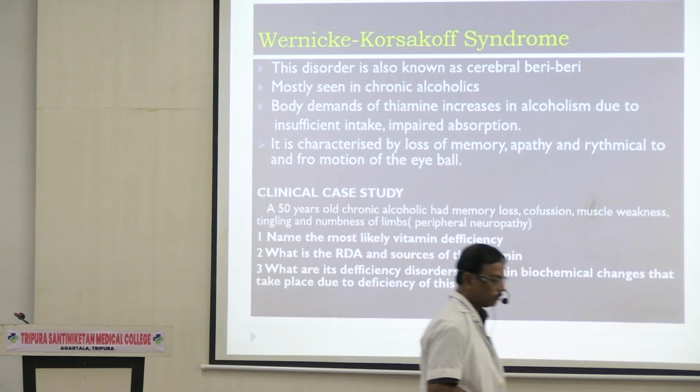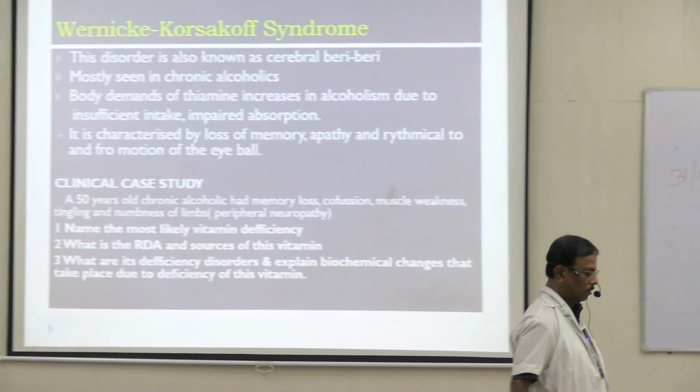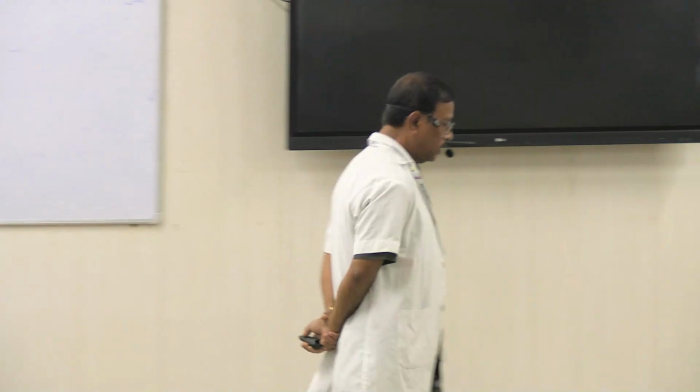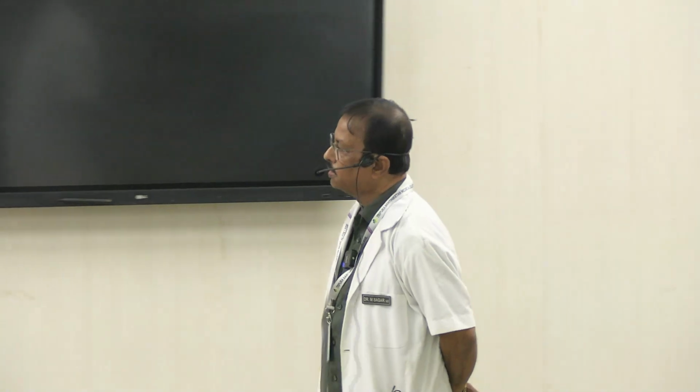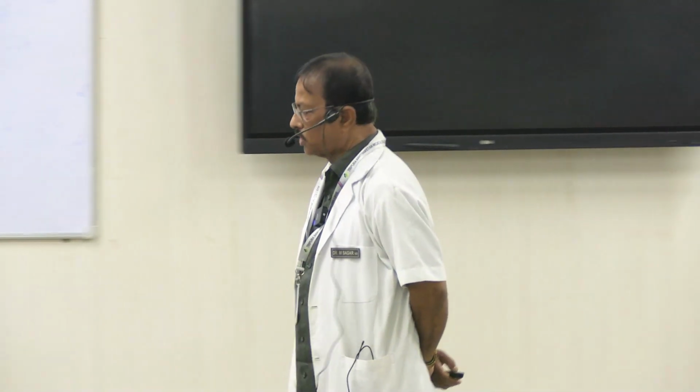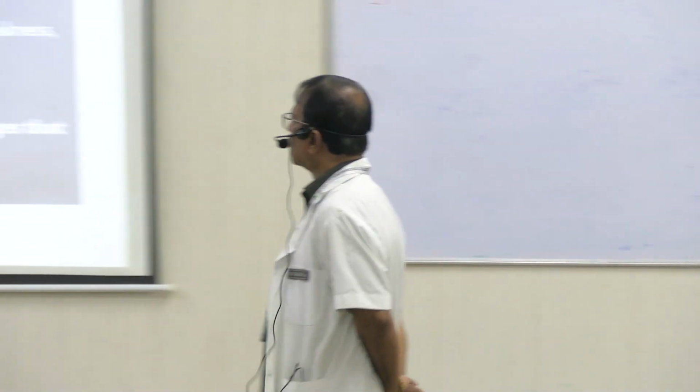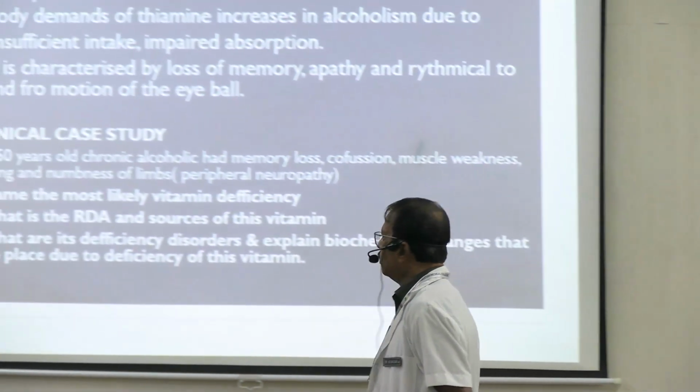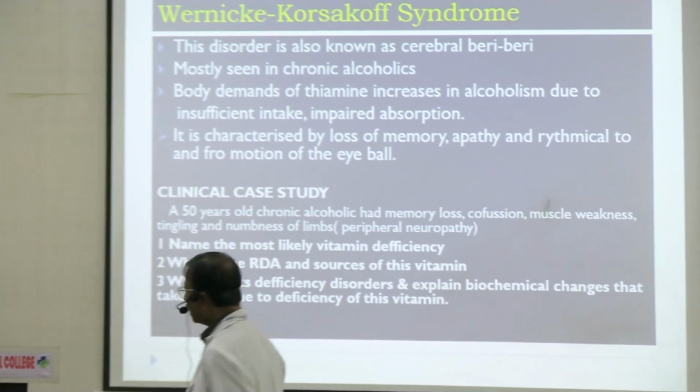Wernicke-Korsakoff syndrome. This is another vitamin deficiency state. There is deficiency of thiamine along with other vitamins. It usually occurs in alcoholics due to malnutrition. They don't take food properly. This disorder is known as cerebral beriberi. It is mostly seen in chronic alcoholics.